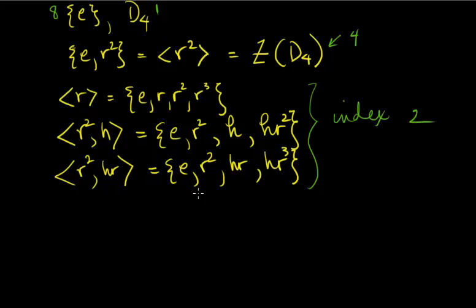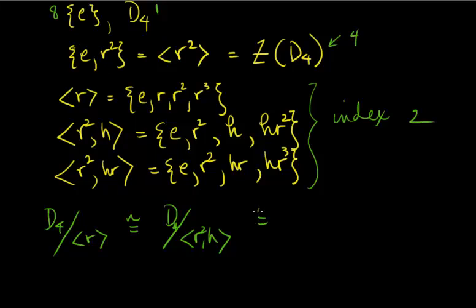There are 2 cosets. Well, if there's only 2 cosets, that means that D4 mod R is isomorphic to D4 mod {E, R squared, H, HR squared}, is isomorphic to D4 mod the subgroup generated by R squared and HR.